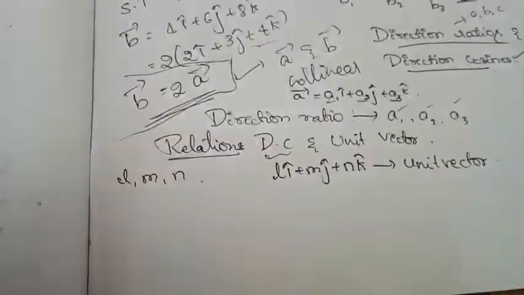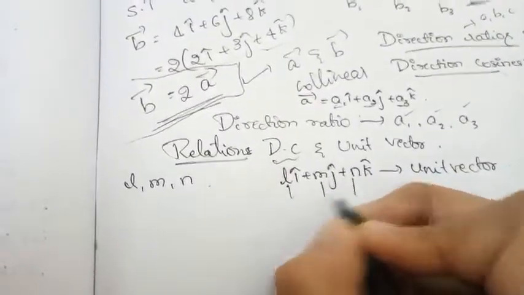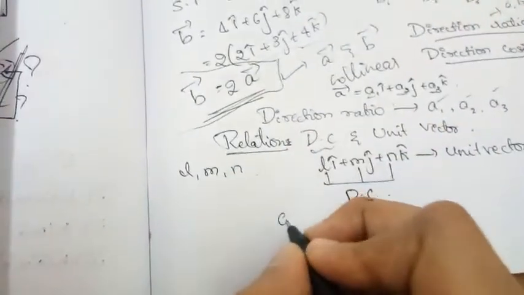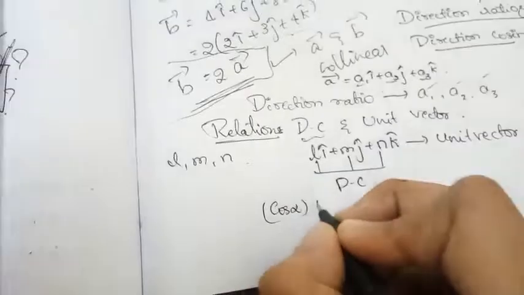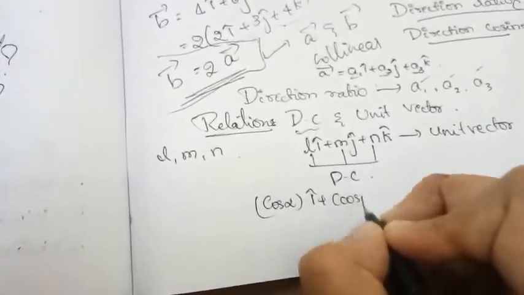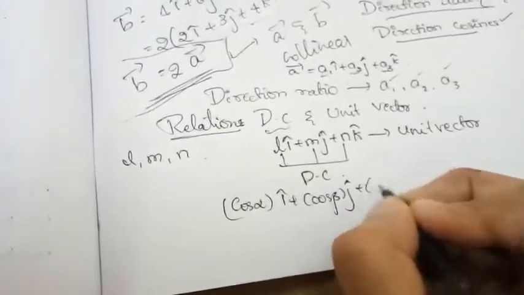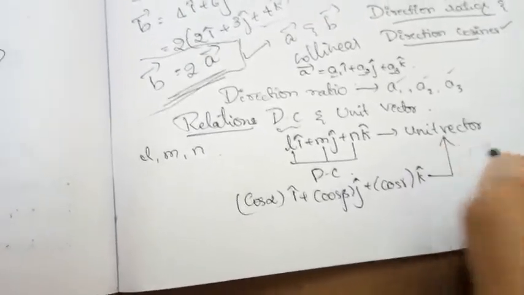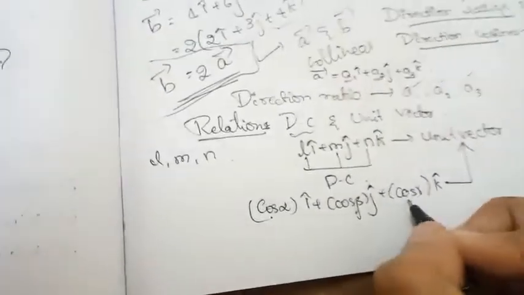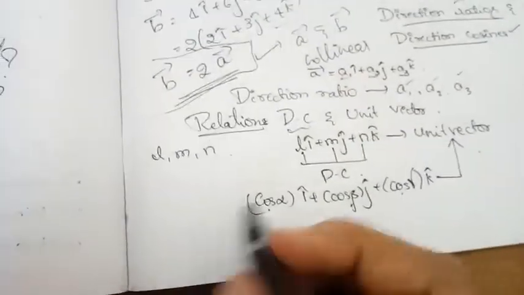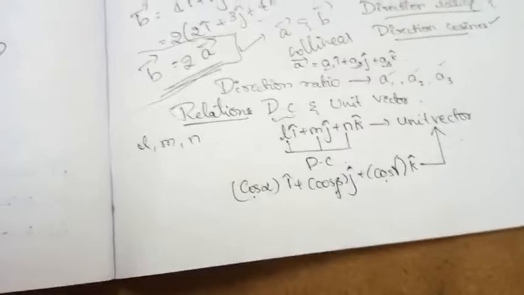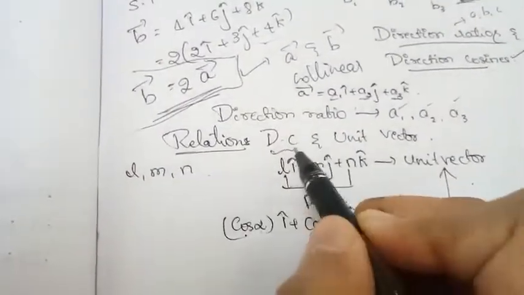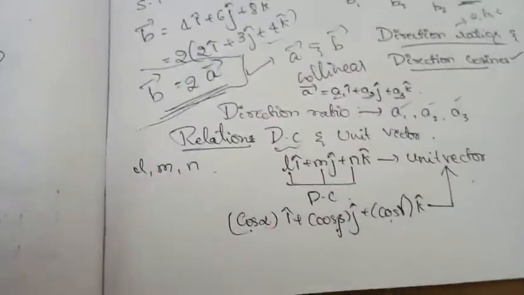Where L is cos alpha, so cos alpha i cap plus cos beta j cap plus cos gamma k cap is the unit vector, where cos alpha, cos beta, cos gamma are the direction cosines, and alpha, beta, gamma are the direction angles.